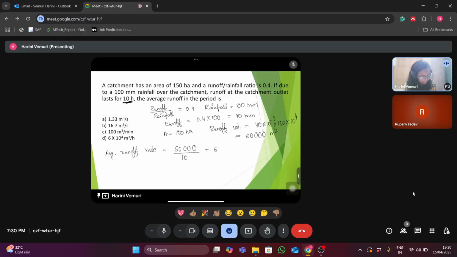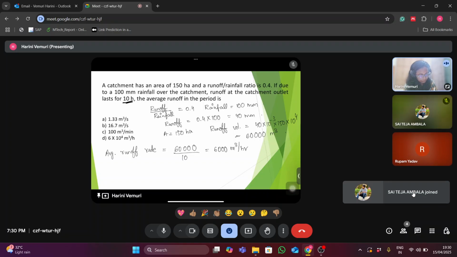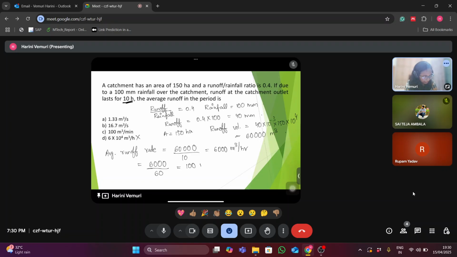So that is 6,000 meter cube per hour. So this option is not the correct answer. And 6,000, since it is per hour, to convert into minutes, we have to divide it by 60. That is 100 meter cube per minute. Okay. So the answer is option C.